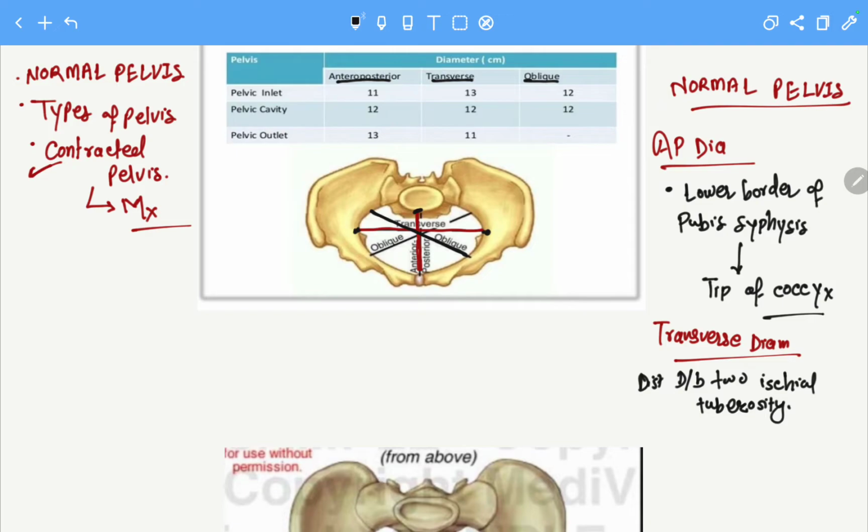So what we need to remember are the AP diameter, transverse diameter, and oblique diameter.